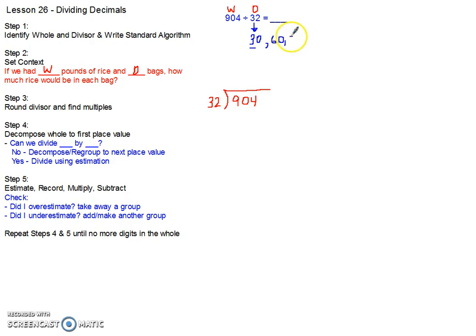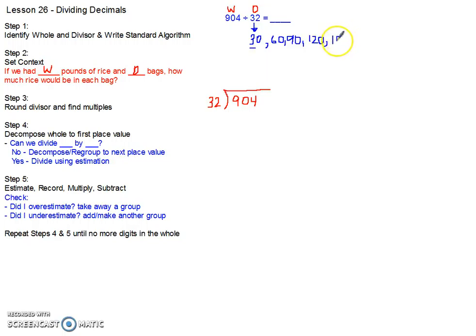Next would be 9 tens. 12 tens. You see how I'm adding that 0, skip counting by 3s, but just making it into tens because 30 is 3 tens. And I'll go one more.